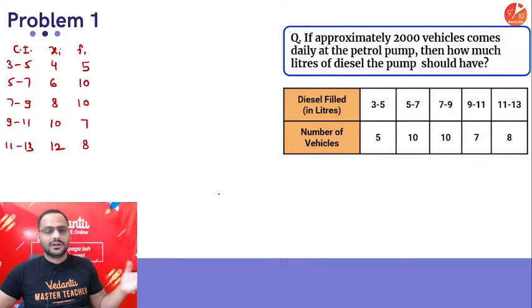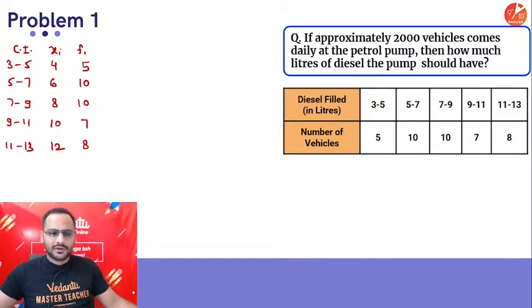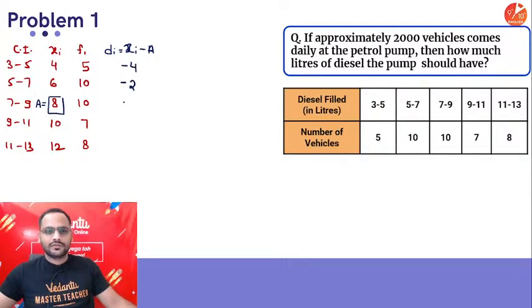Now if you want, you can directly multiply, or you can use the assumed mean method as well. I am using assumed mean because this reduces the calculation. I have assumed my mean as A, 8. Now I am finding di, which is xi minus A. So 4 minus 8 is minus 4, minus 2, 0, 2 and 4.